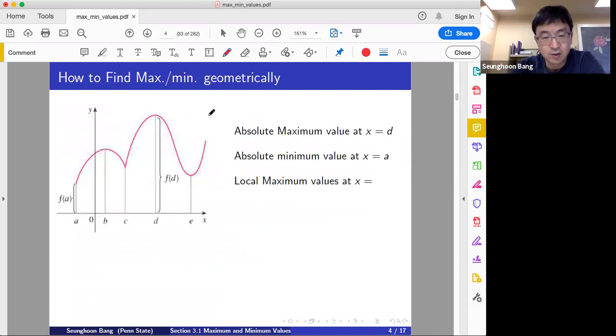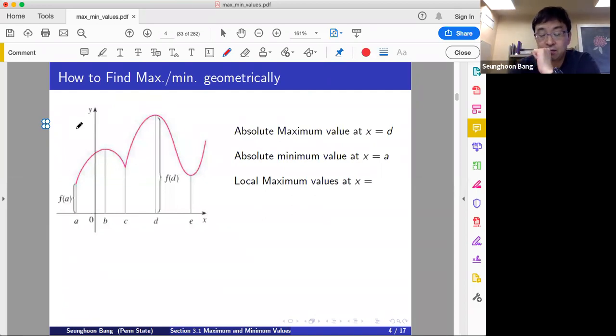Do we have local maximum values? What are the x values for the local maximum?